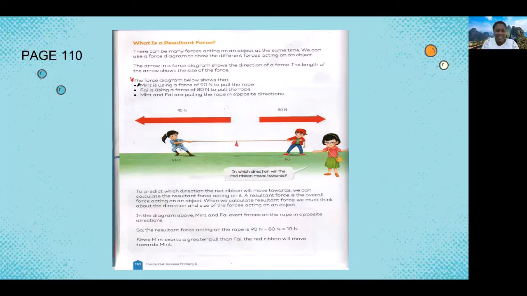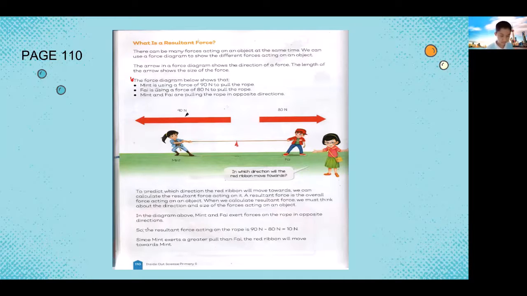The first diagram below shows that Mint is using a force of 90 Newton to pull the rope. Faye is using a force of 80 Newton to pull the rope. Mint and Faye are pulling the rope in opposite directions.